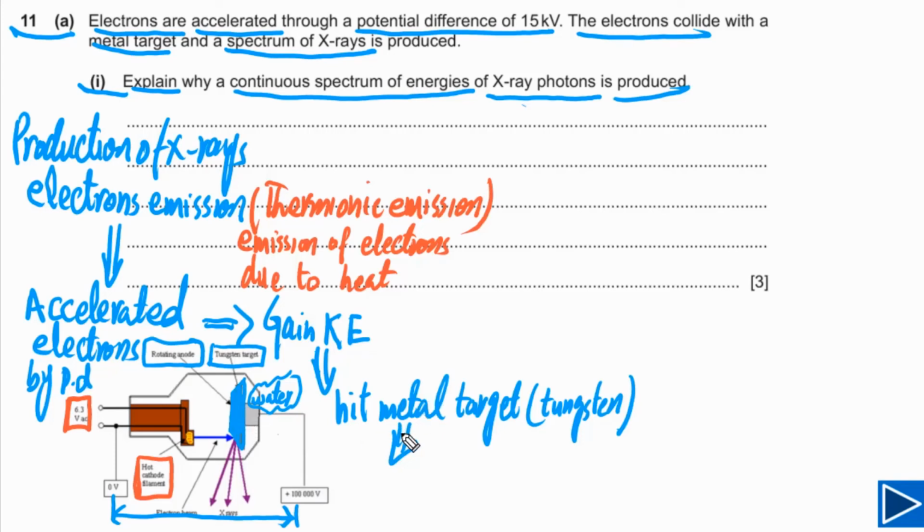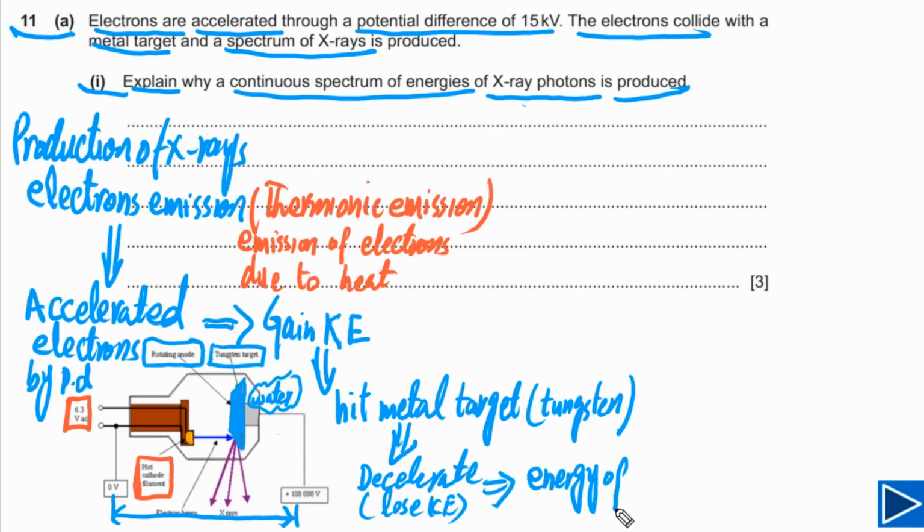As these electrons hit the metal target, the electrons decelerate. Decelerate means they lose kinetic energy, and this lost kinetic energy becomes the energy of an X-ray photon. The energy of the X-ray photon is equal to delta KE, which is the initial kinetic energy of the electron minus the final kinetic energy of the electron.